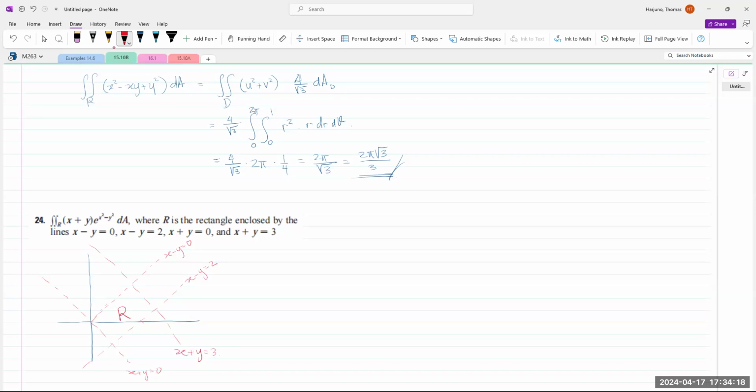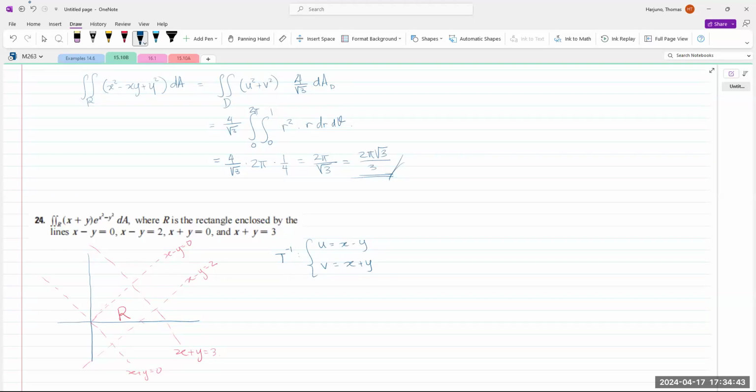But it seems like they implicitly already tell us the good substitution. So our T inverse substitution is u equals x minus y, and phi is x plus y.